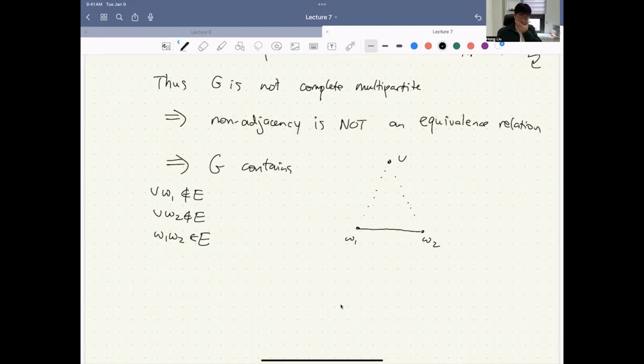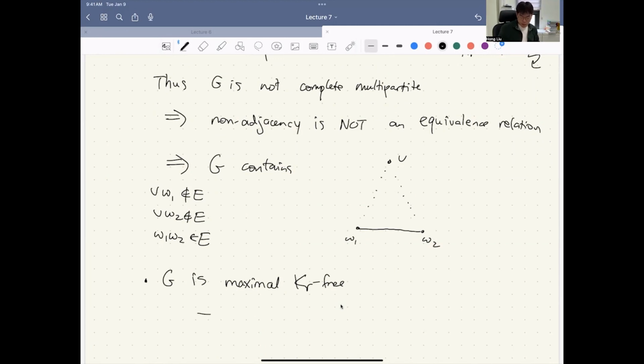Okay, if we have these three vertices, now we're going to use the hypothesis that the graph G is maximal KR free, meaning that we cannot add more edges while still being KR free.